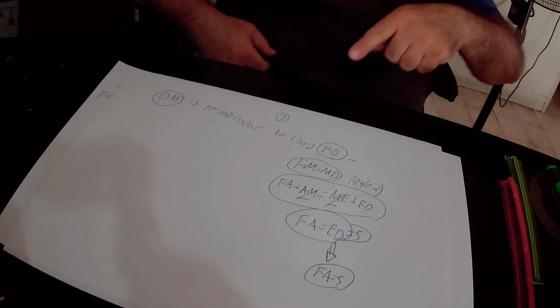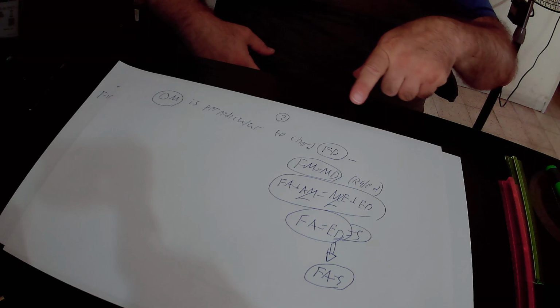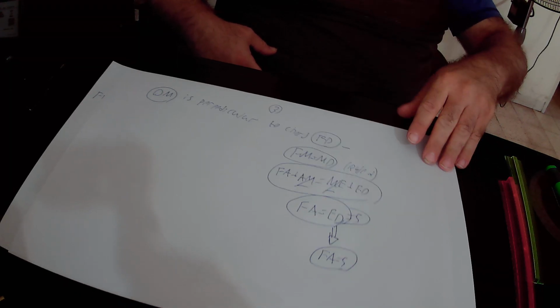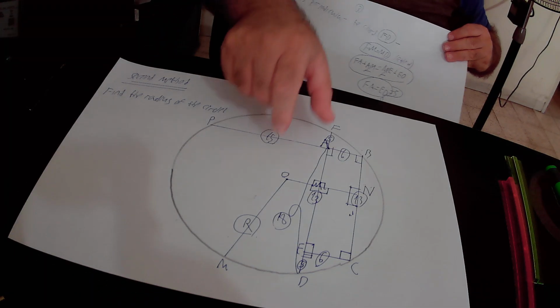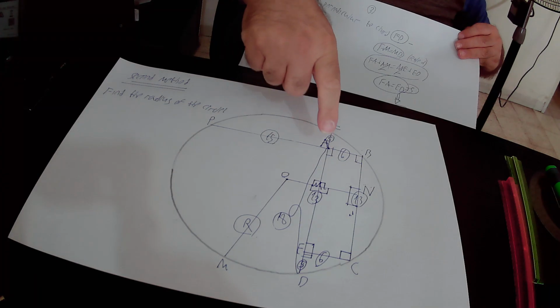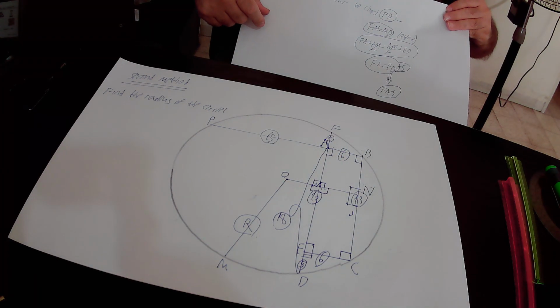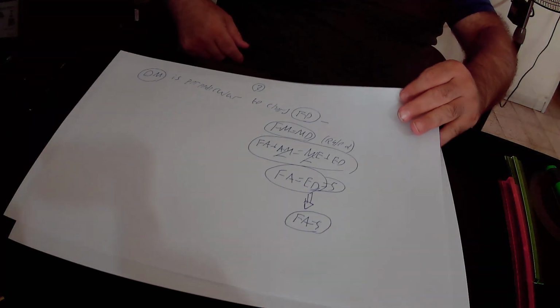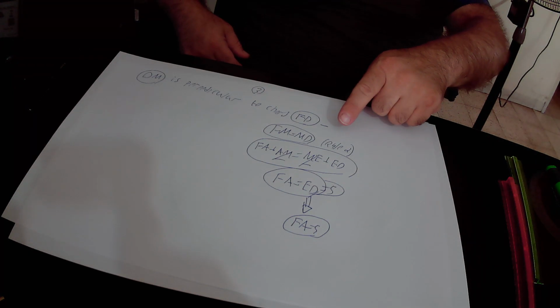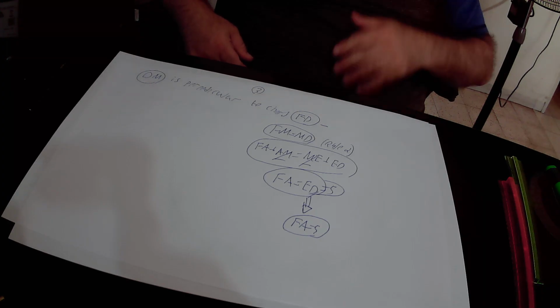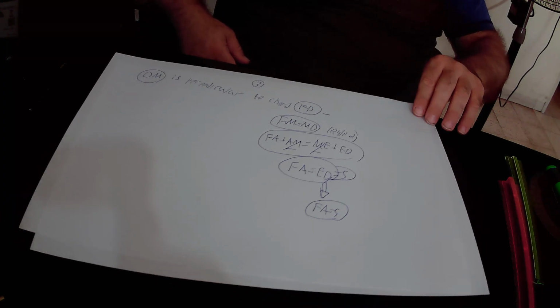That is to say, OM bisects chord FD. If OM bisects chord FD, it means that FM equals MD, according to rule number 2.